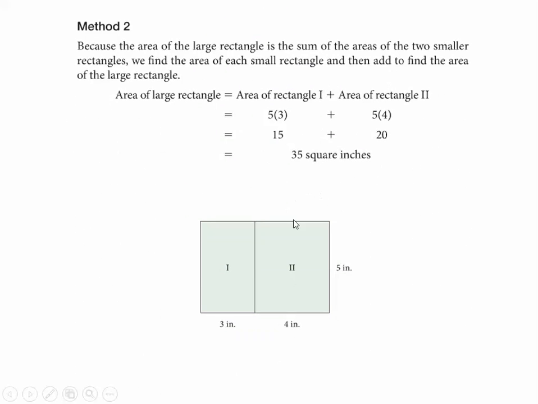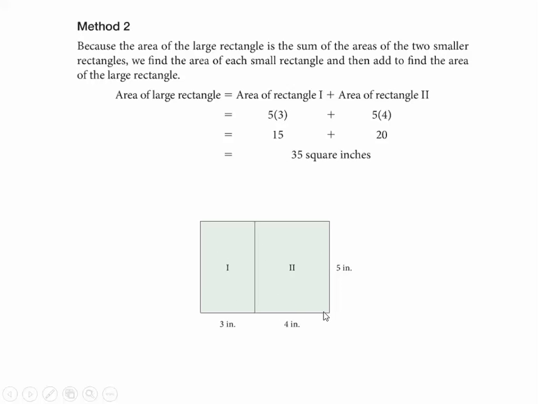Alright, let's try again with an illustration of the distributive property. For the second one, how about we take the individual rectangles? This is 3 inches, this is 5 inches. So the area of just rectangle 1 is 3 times 5, or 15. Then we take the area of rectangle number 2.